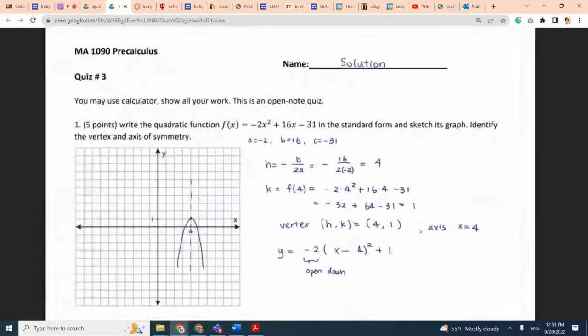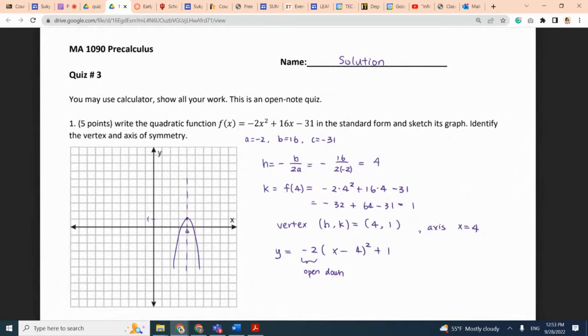And now let's look at the quiz 3 solution. So quiz 3, we want to write the quadratic function. So this is the general form, ax squared plus bx plus c. This is the general form. You want to write it in the standard form.